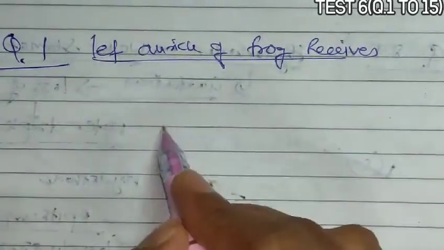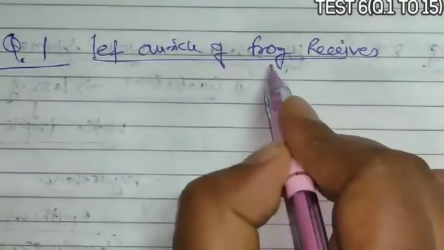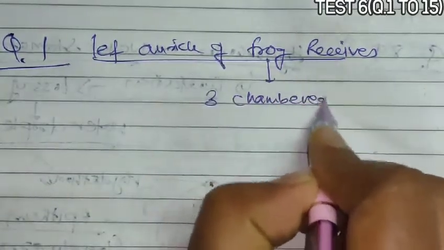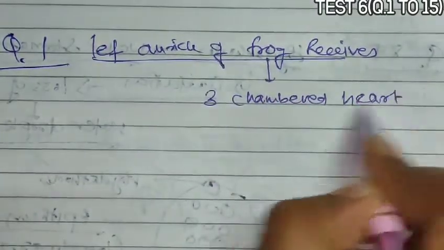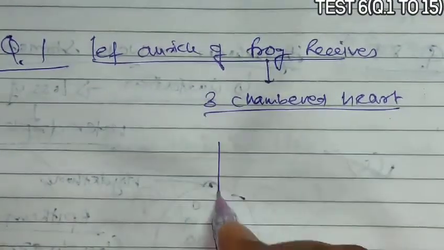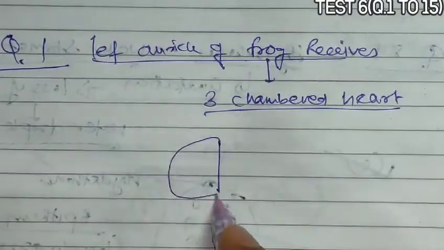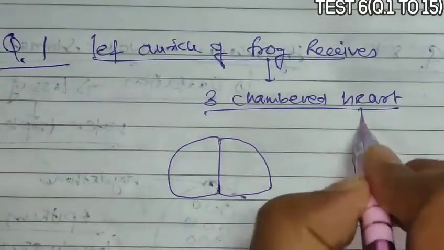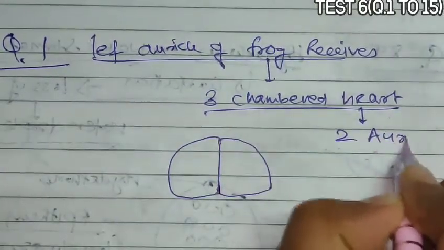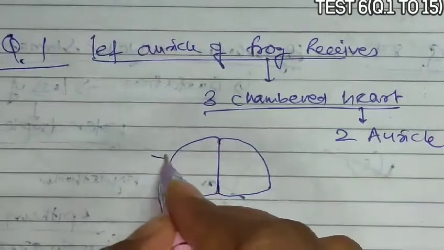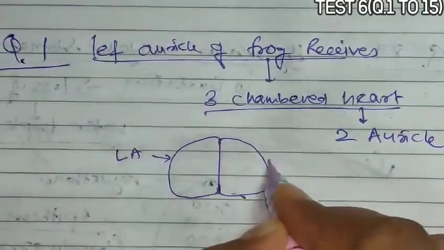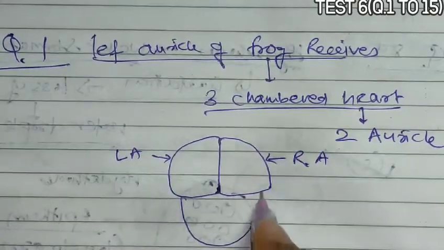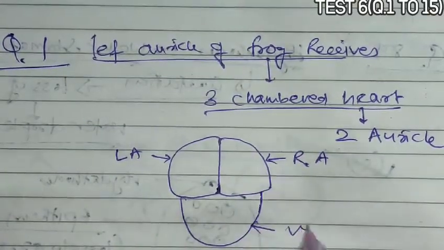As you know, frog has a three-chambered heart, and in these three chambers there are two auricles, one is left auricle, one is right auricle, and one ventricle is there.